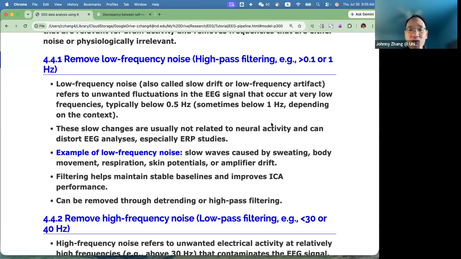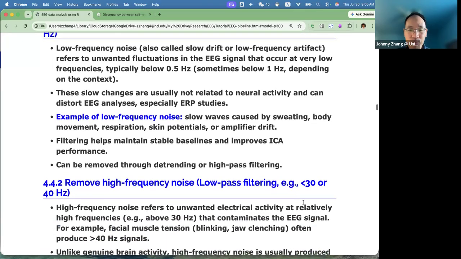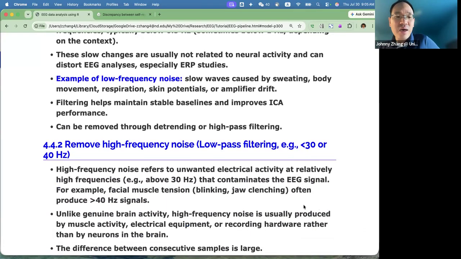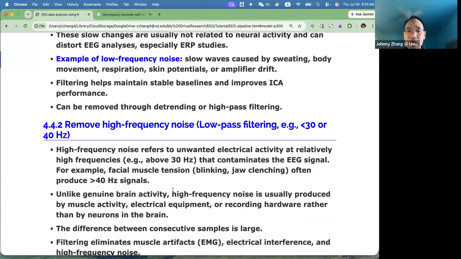To remove low frequency noise, we often use high pass filtering. For example, we can use detrending methods to remove those low frequency noises. At the same time, we often want to remove high frequency noise.